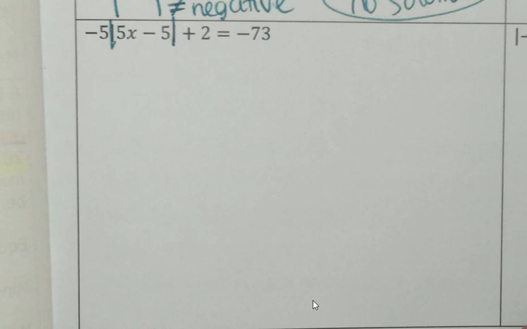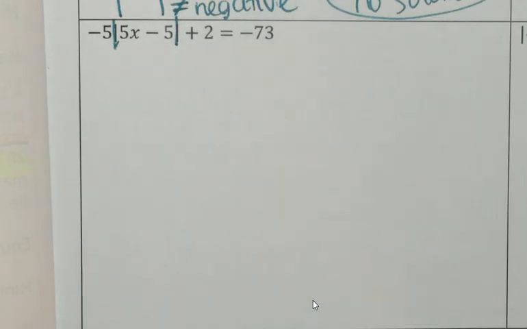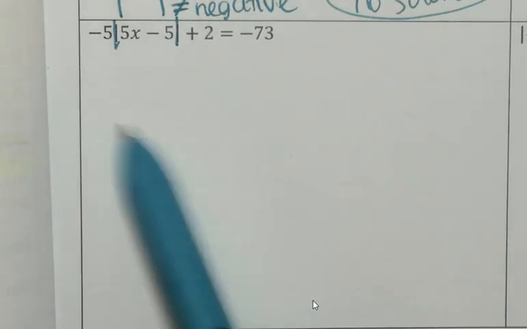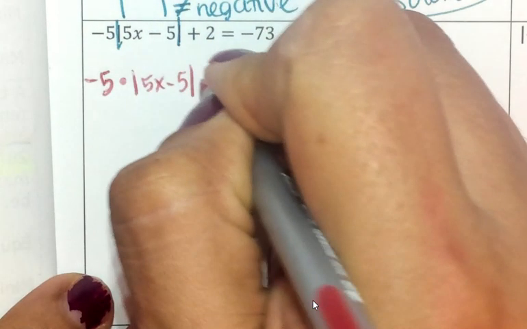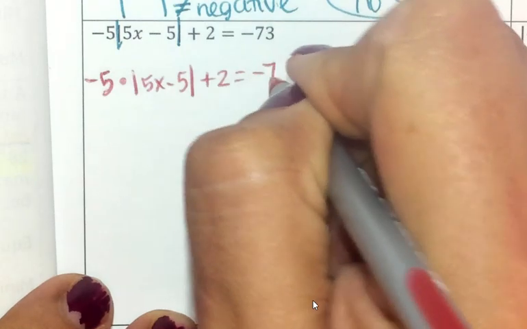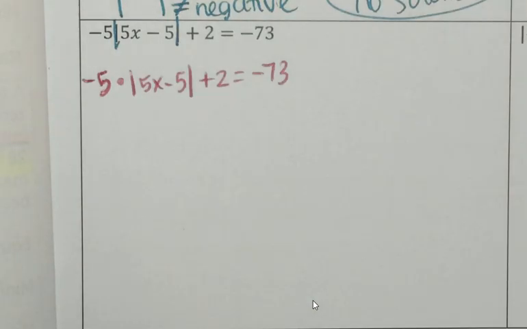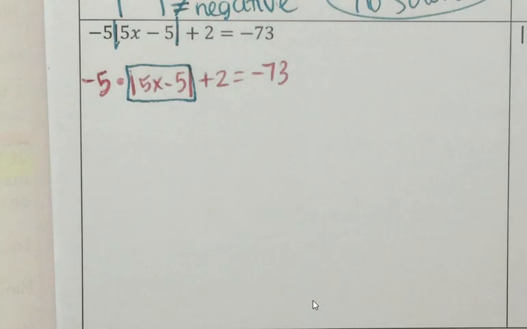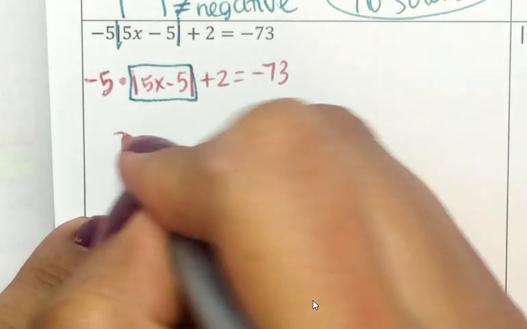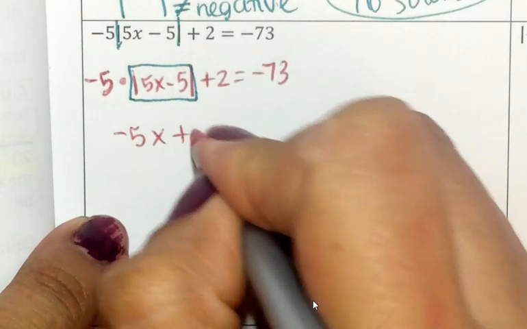Okay, let's do the next one. We have absolute value right here, but we also have the negative 5 in the front times that absolute value. And then you're adding a 2. So if we pretend like this is an x, for example, it would look like this.